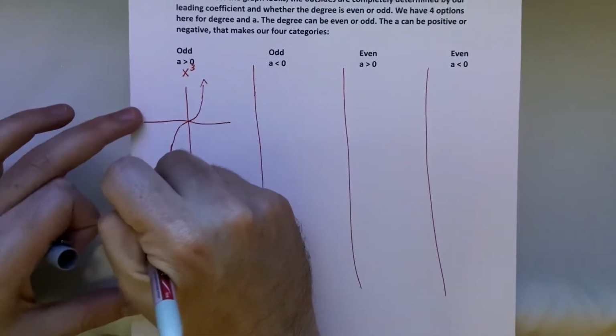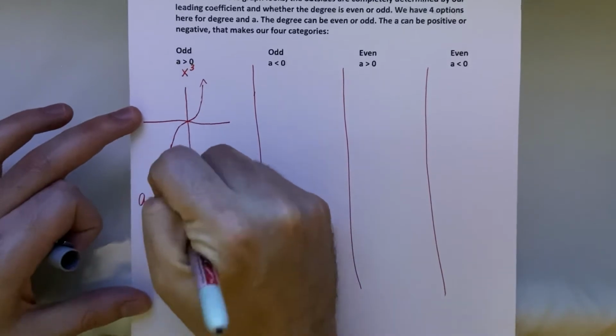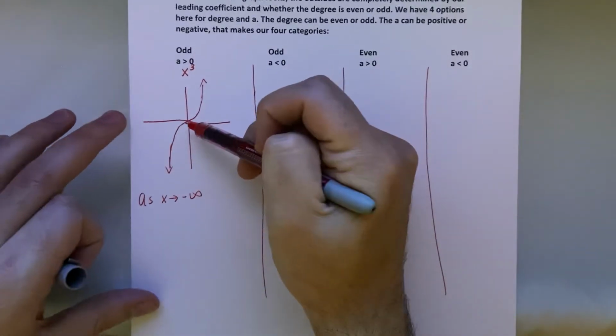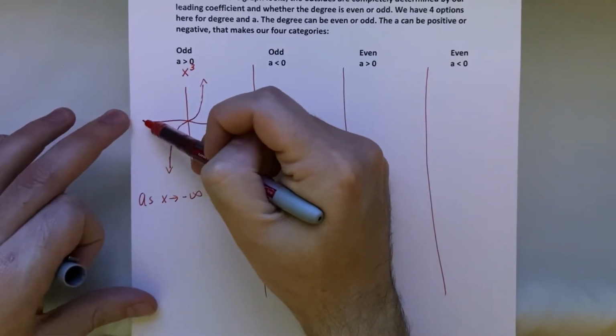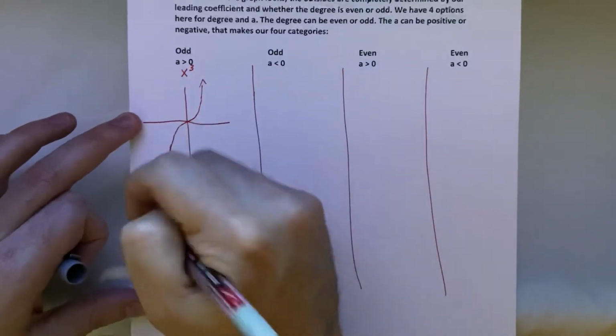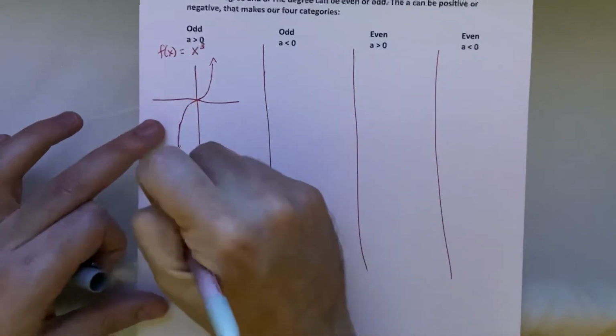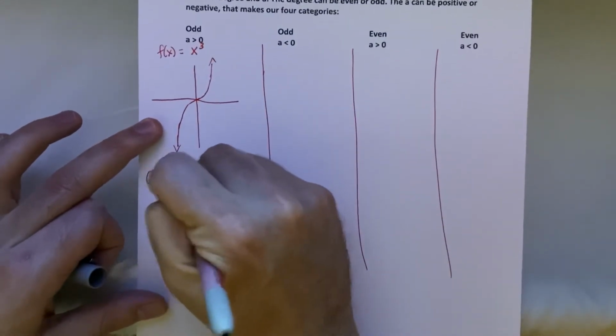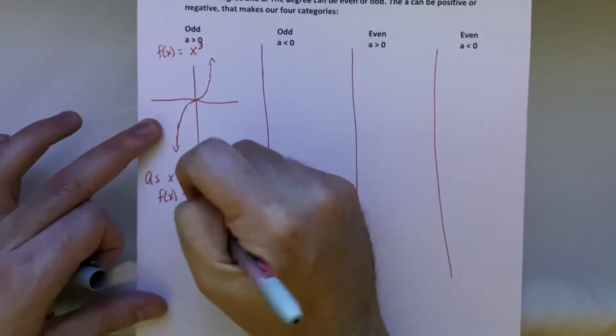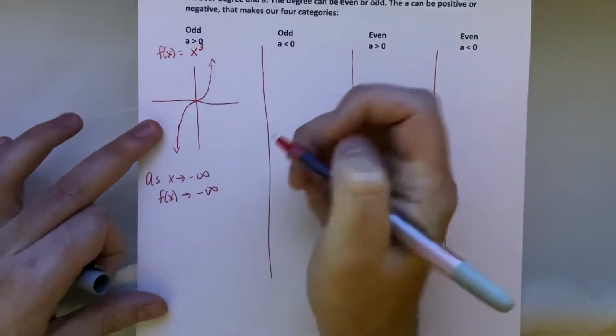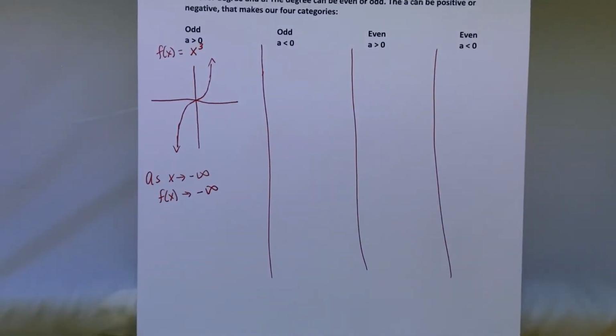We say as x goes to negative infinity. As x goes to negative infinity means as I go further and further left, what is happening to my function? F of x is going, it looks like, further and further down. So that means f of x is also going to negative infinity, which represents as we go down.